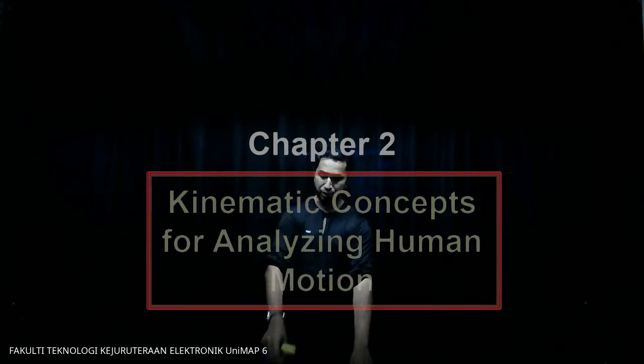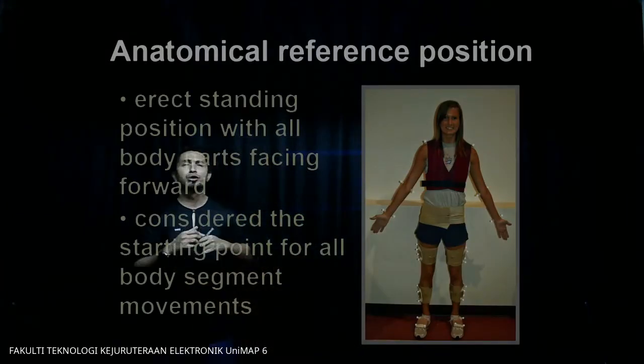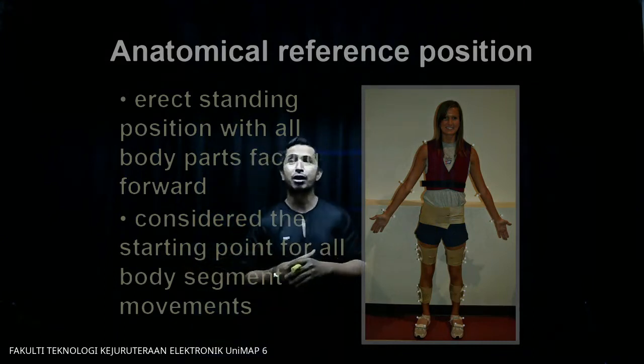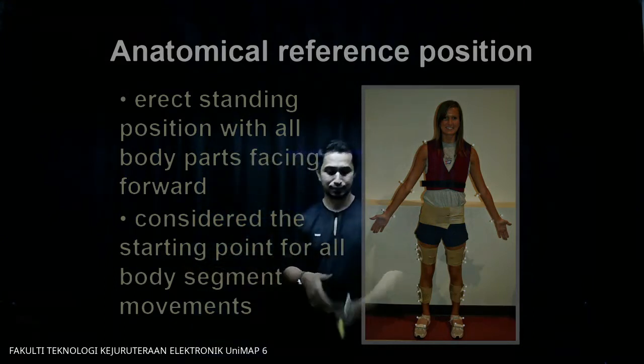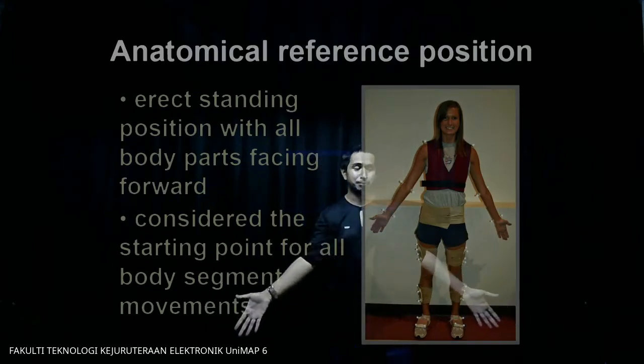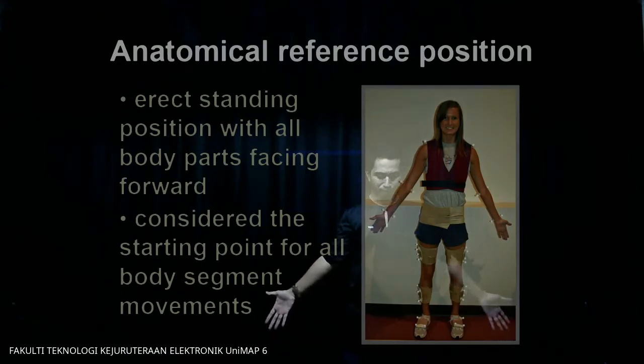All right, what do we have in this lecture? First, before we go further, you need to know what the anatomical reference position is. If you can see mine, this is the anatomical reference position.